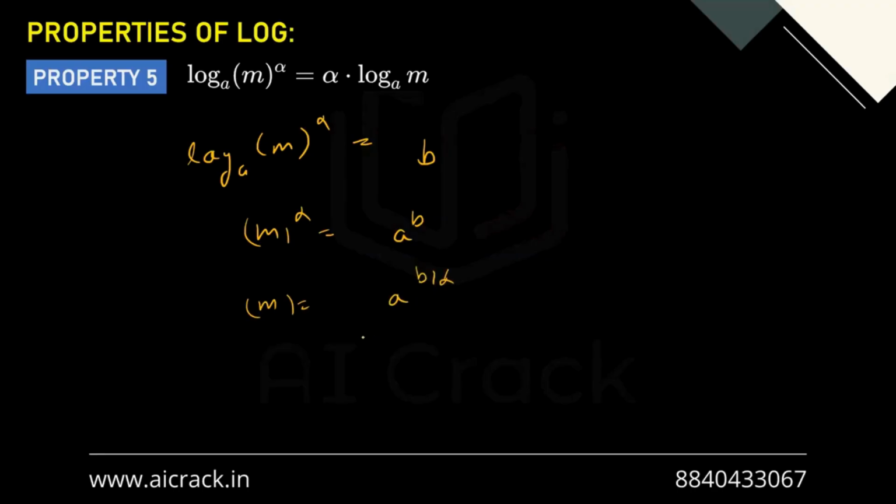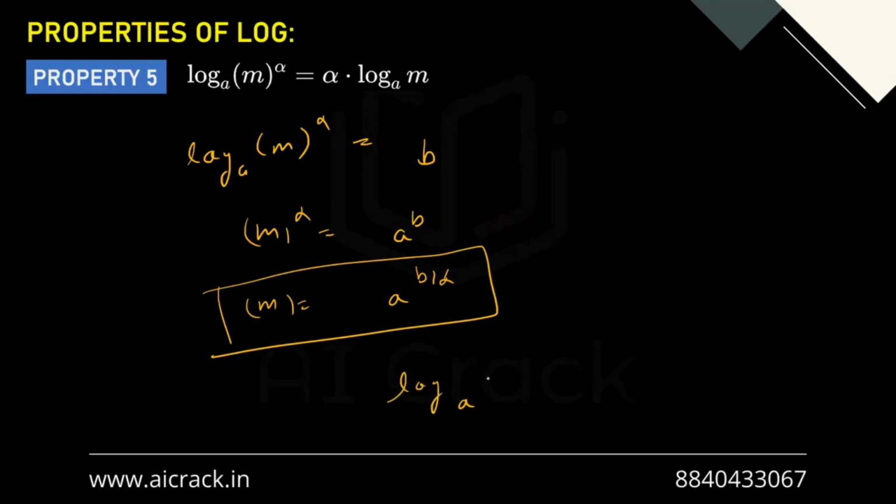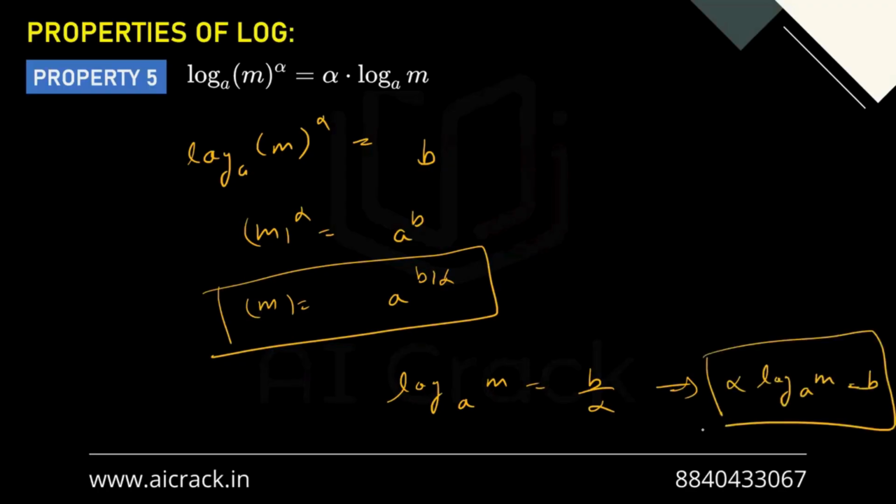Now let's write this in log form. We get log base a of m equals b by alpha. Now if we cross multiply alpha, we get alpha times log base a of m equals b, and b was this only. So this is how we can prove this property.